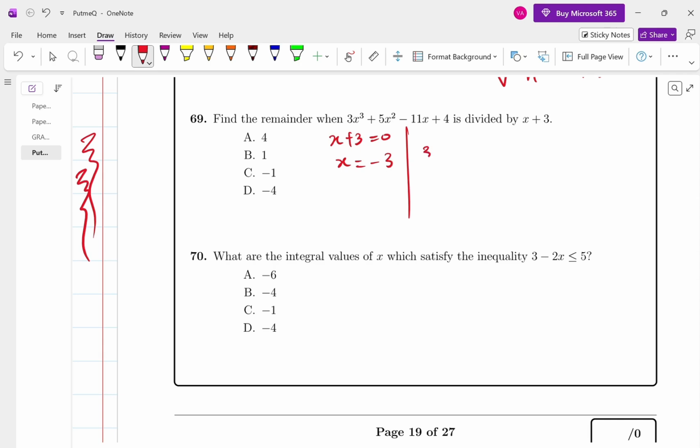So 3 brackets minus 3 cubed, plus 5 brackets minus 3 squared, minus 11 bracket minus 3, plus 4. So this will be 3 brackets minus 27, because minus 3 cubed is minus 27. And then plus 5.